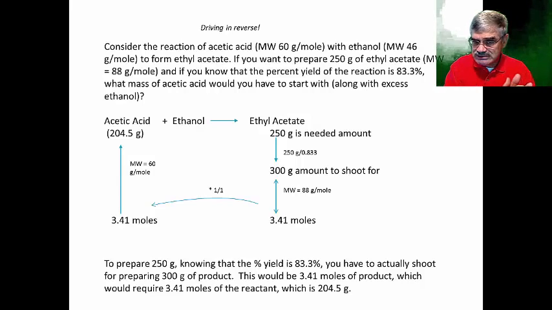We're driving backwards because we want to obtain so much product. We also added an additional step of realizing that the reaction in this case did not have 100% yield. It only had an 83.3% yield, so we had to actually shoot for making more to actually get to 250. Okay, an interesting problem, a real type of problem.